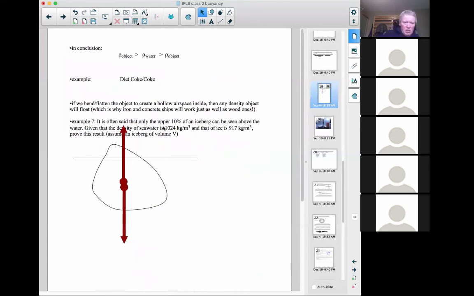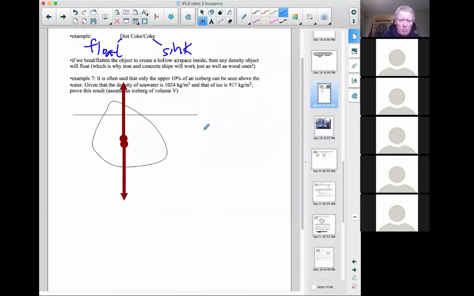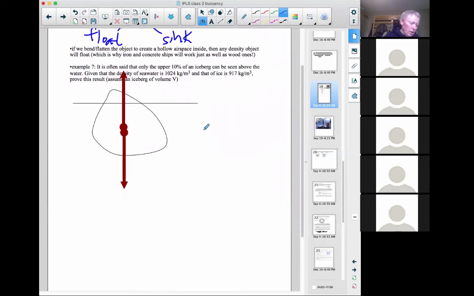First off, Diet Coke floats and real Coke sinks. All right, so now our example. So we've got an iceberg, it's floating, so that means the weight and the buoyant force, those are the only two forces acting on it, they have to be balanced.